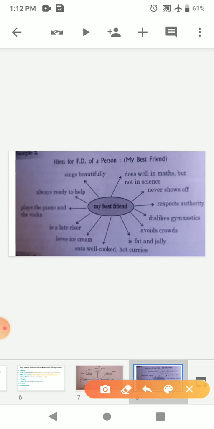So you can make a flow chart like this. He sings beautifully, does well in maths but not in science, never shows off, respects authority, dislikes gymnastics, avoids crowd, is fat and jolly, eats well cooked hot curries, loves ice cream, is a late riser, plays the piano and the violin, always ready to help. So by making this flow chart, you can now easily write down the points in a sequence in a proper order.